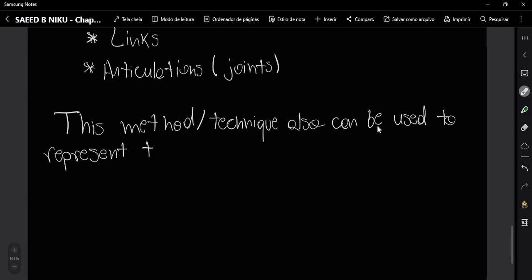We can use Denavit-Hartenberg also for robots with two, three, four, six degrees of freedom, with n links and joints. So this is what we are about to discuss.